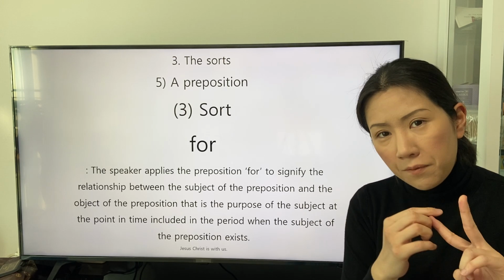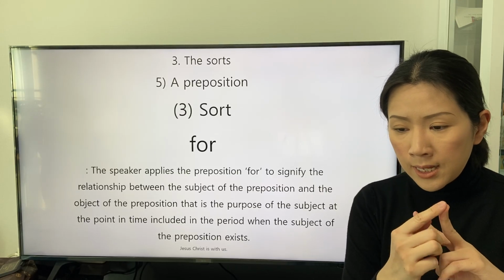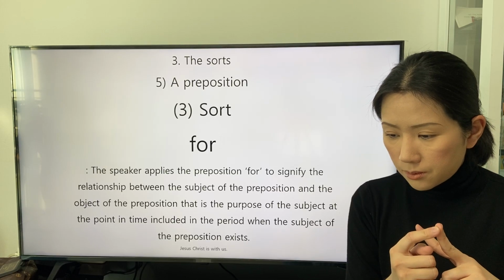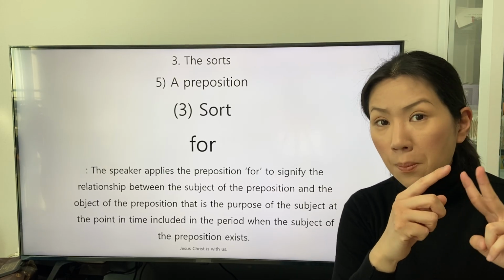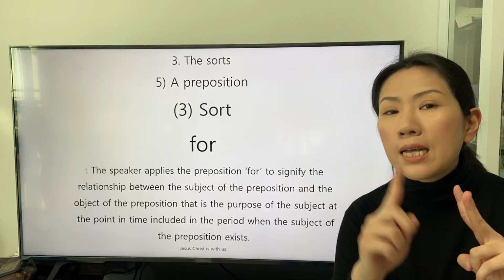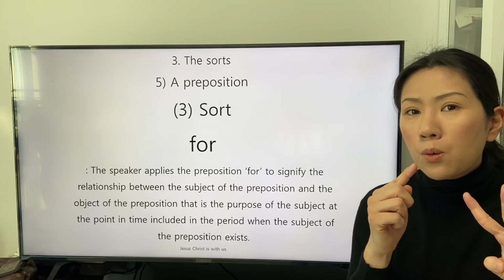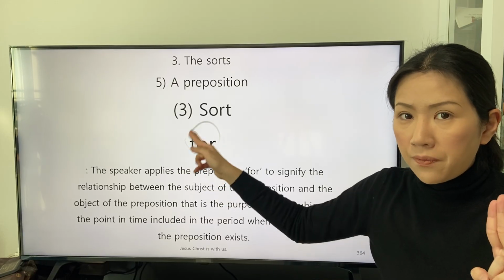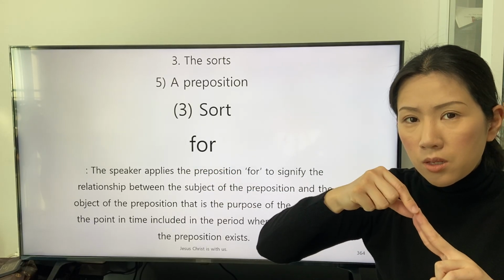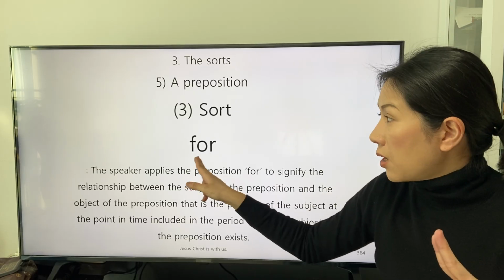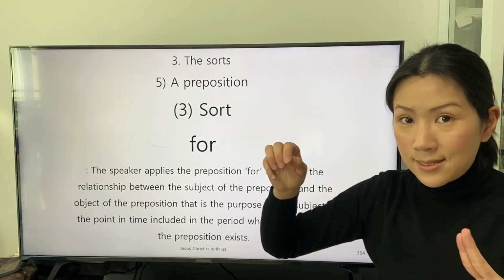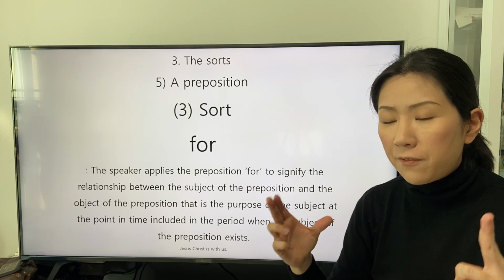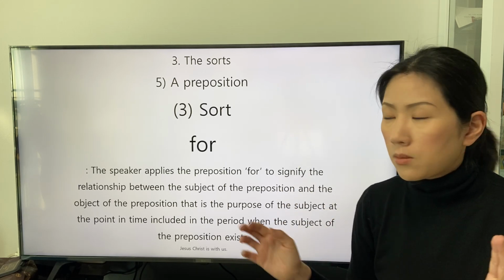The object of the preposition to is indicated as a purpose to be actualized later than the point in time when the subject exists. The definition of the preposition for integrates the to point in time. The subject of the preposition for exists at the point in time revealed by the form of the verb in the clause.